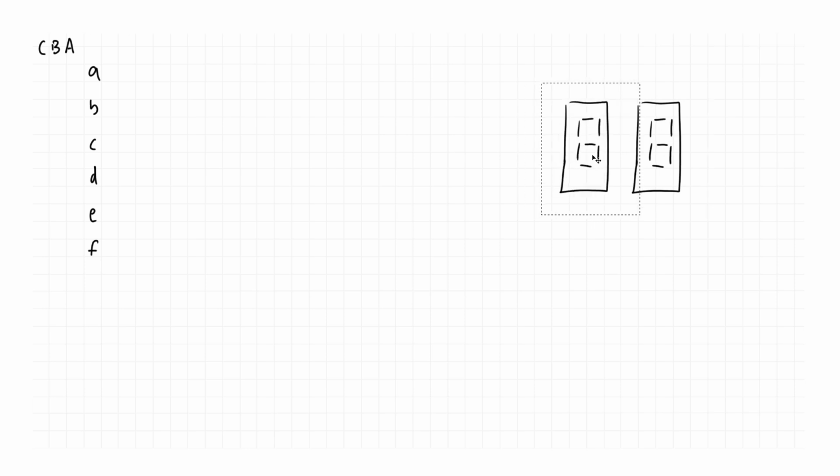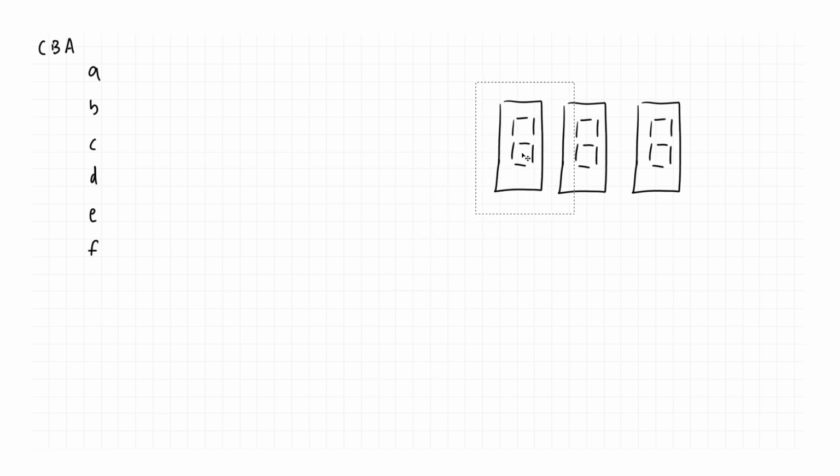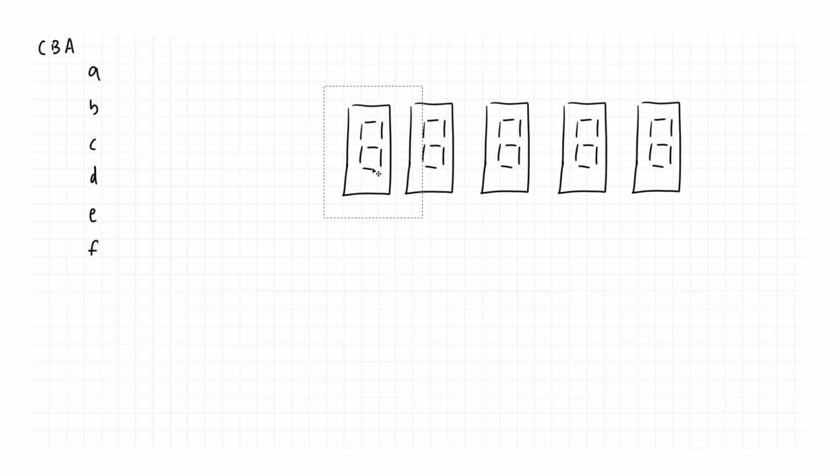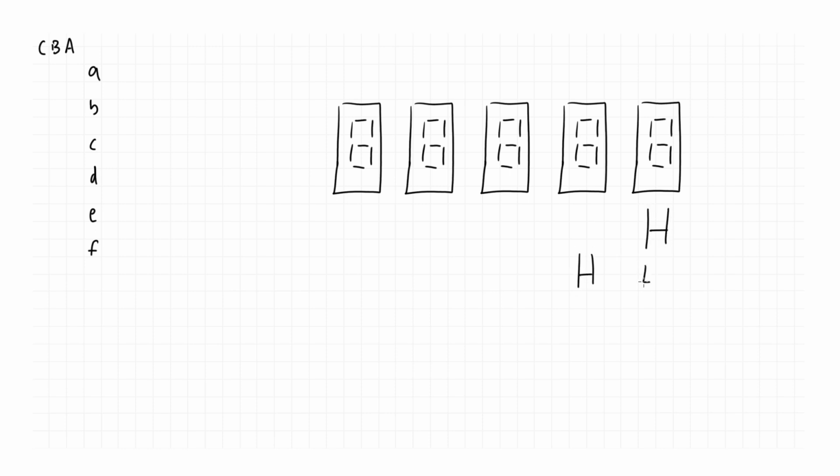If we had a second one and a third one, 4th one and a 5th one, it'd be great if we could start off with it saying H, then HE and HEL and so on, then all the way over to the 5th one, which would show the full message.